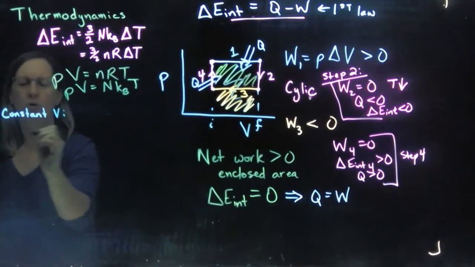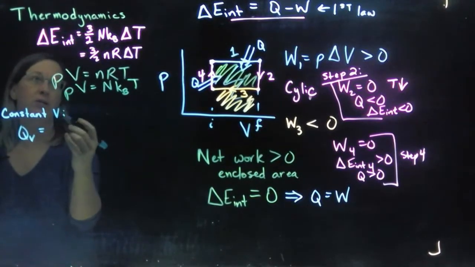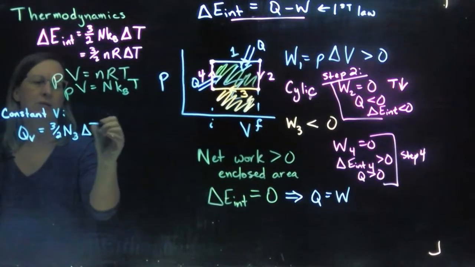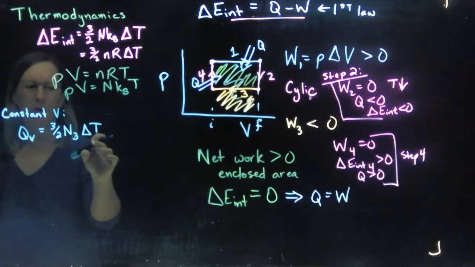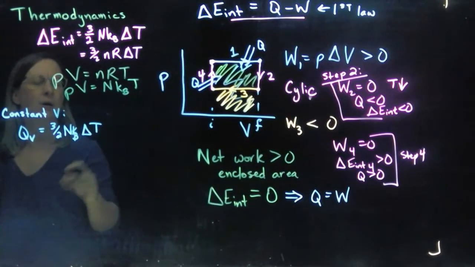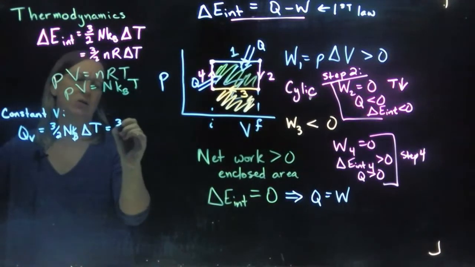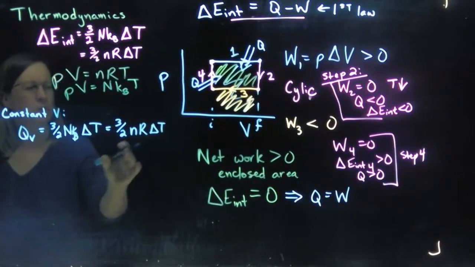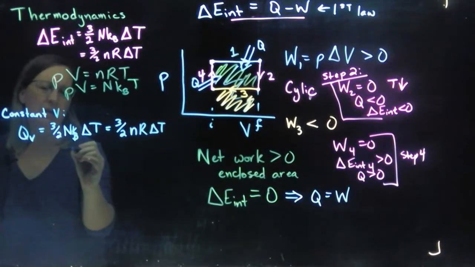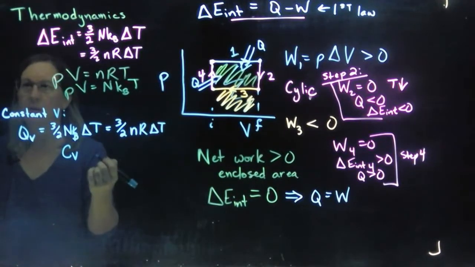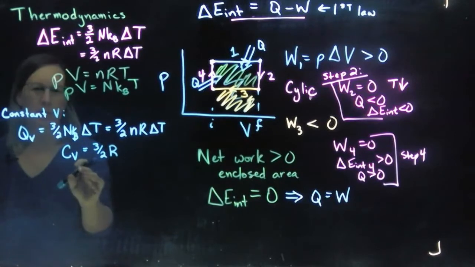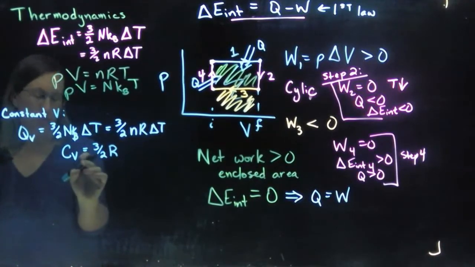So at constant volume, we have the heat, which looks like 3/2 N kB delta T. So the heat in tells you how much kB delta T, or we can write this as 3/2 n R delta T. And so we recognize that the molar heat capacity, CV, is 3/2 R. That's the heat capacity for a constant volume case, okay?